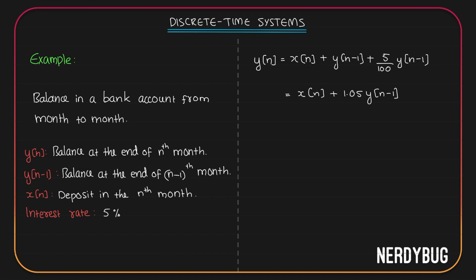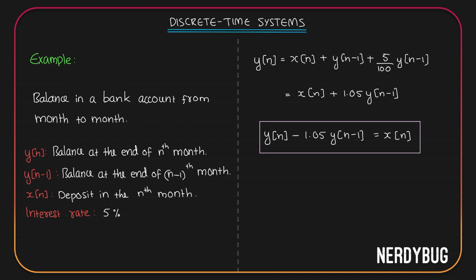Let's rearrange this a little bit by taking this term to the other side. So we get y of n minus 1.05 y of n minus 1 is equal to x of n. Let's put this in a box. Remember when we were learning properties of discrete time signals, we learned that the property that is analogous to differentiation in continuous time signal is difference in discrete time signal.